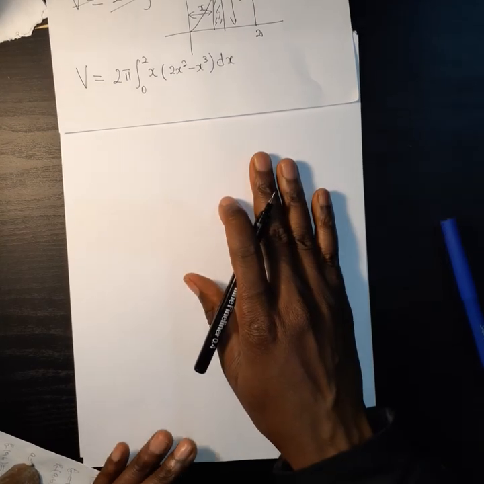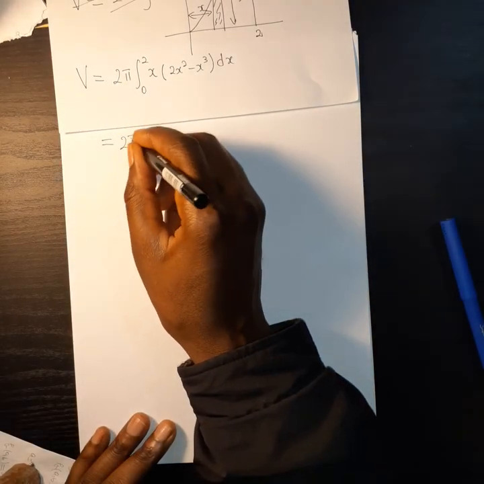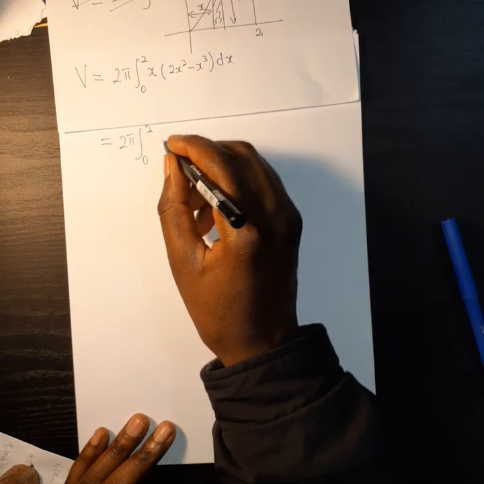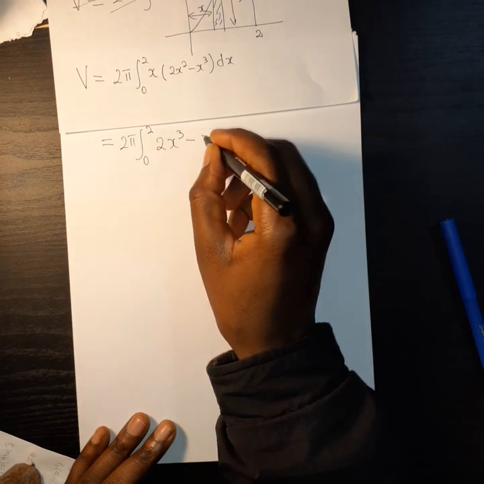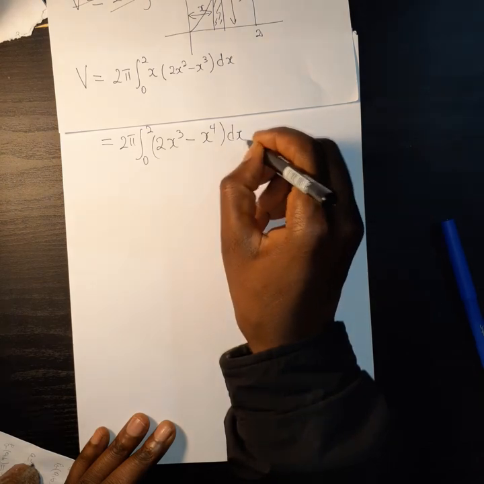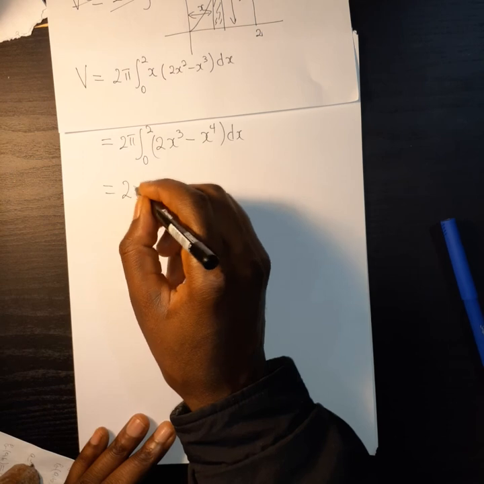Okay, so we continue. This will be equal to 2 pi, the integral from 0 to 2 of 2x cubed minus x to the power of 4 dx, like that, which gives us 2 pi.